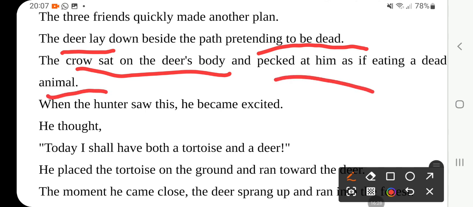So the crow was just acting, as if he was eating a dead body, because now the deer was supposedly dead.